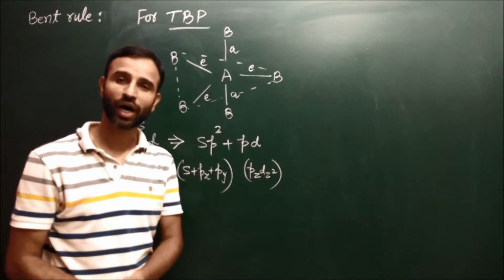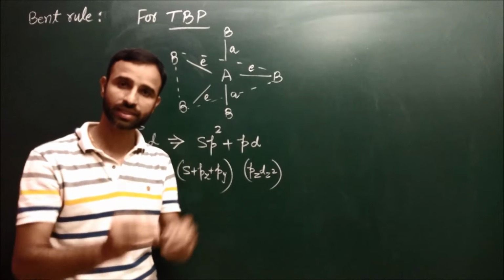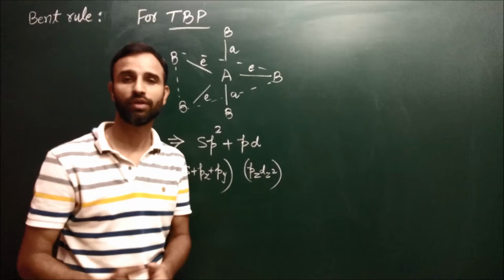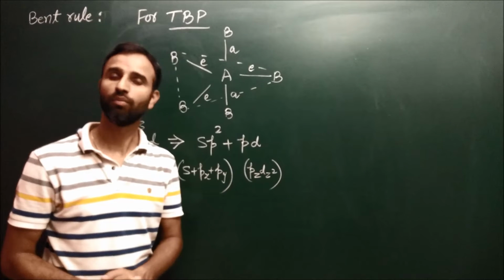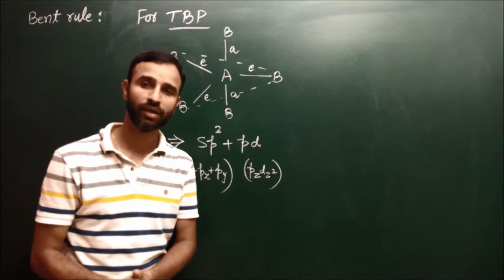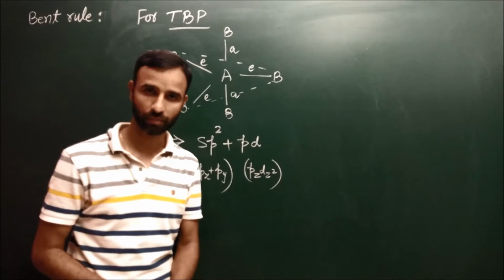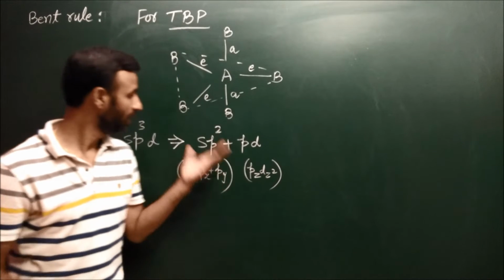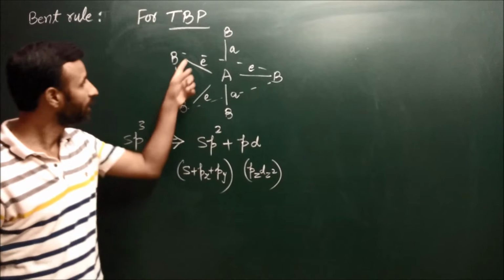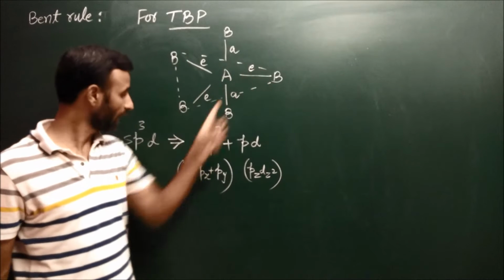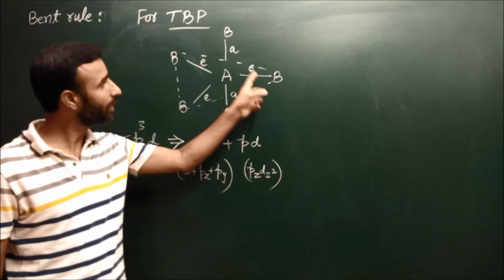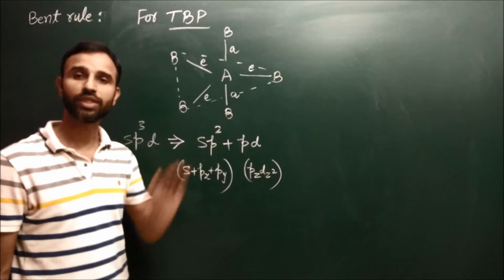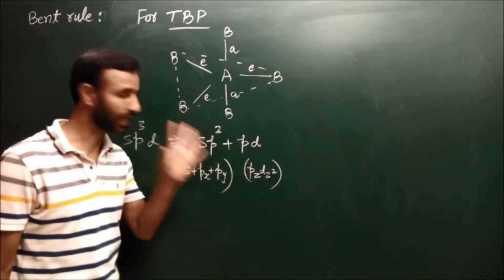And you know, hybridization is a theoretical concept just given to explain the geometry of the molecule, the arrangement of the orbitals. But here you can see in equatorial bonds s character is more, and in axial bonds there is no s character.